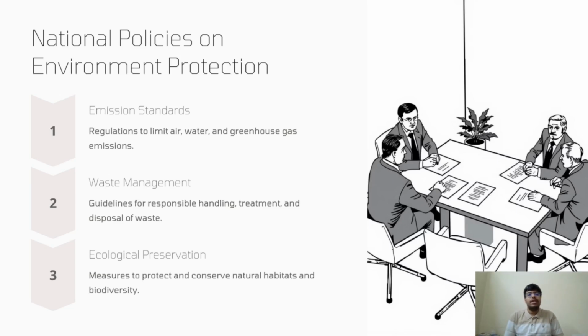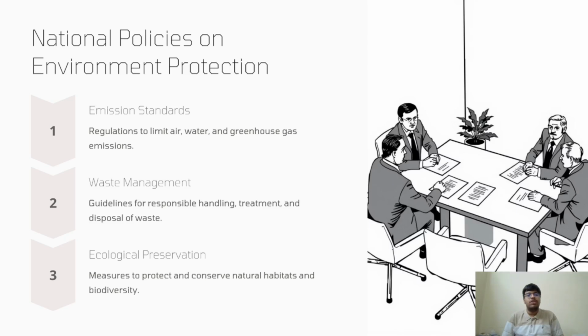Now we'll see some national policies on environmental protection. Some standards: first one being the emission standard, where regulations were added to limit air, water and greenhouse emissions from factories and greenhouses.